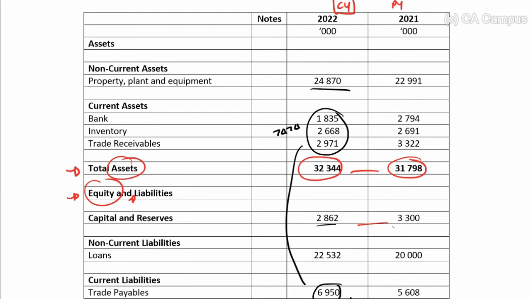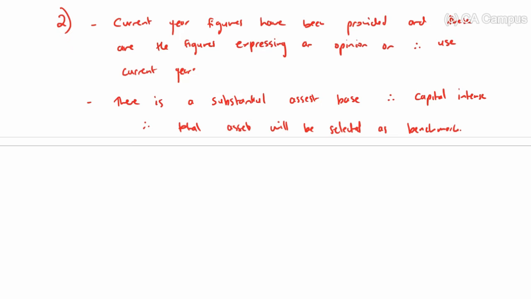I now need to take the figure and apply my percentages to work out my range, and for assets it's 1% to 2%. So apply that to the 32 million. So I'm going to say my materiality range is going to be between 1 and 2% of total assets.